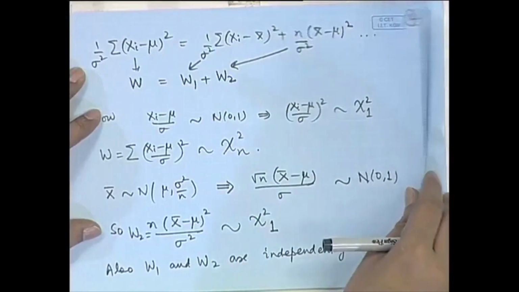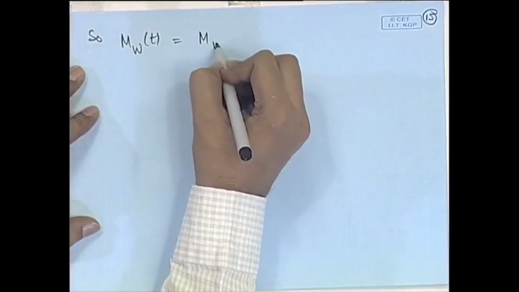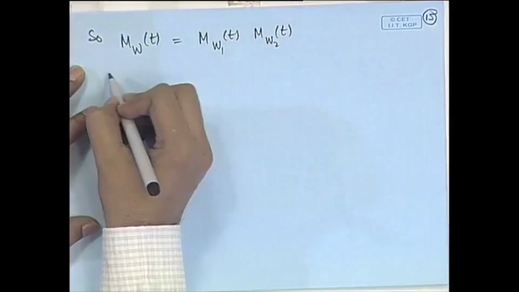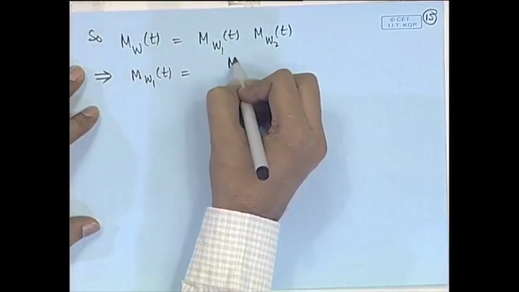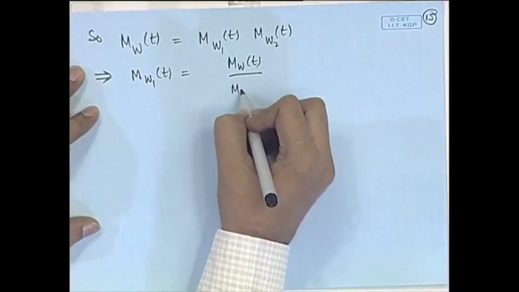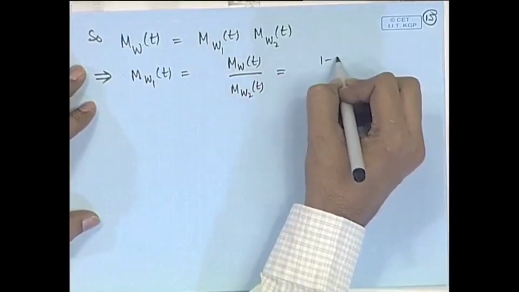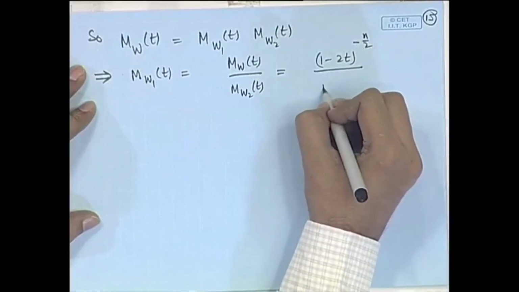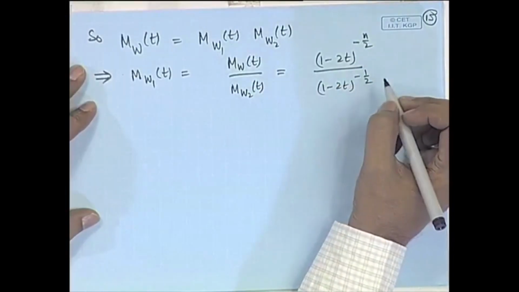So, now if we use the moment generating function property, that is m w t will be equal to m w 1 t into m w 2 t. So, this means that m w 1 t is the ratio of m w t divided by m w 2 t. Since the mgf of a chi-square variable is known, that is (1 minus 2 t) to the power minus n by 2 divided by (1 minus 2 t) to the power minus 1 by 2, because w 2 is a chi-square 1.